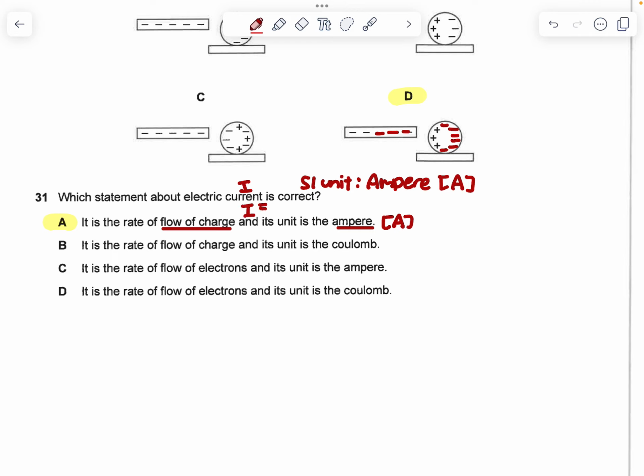I equals the formula charge over time, rate of flow. The charge unit is coulomb, C. Not rate of flow of electrons, rate of flow of charge. So in this case, that option is also wrong.